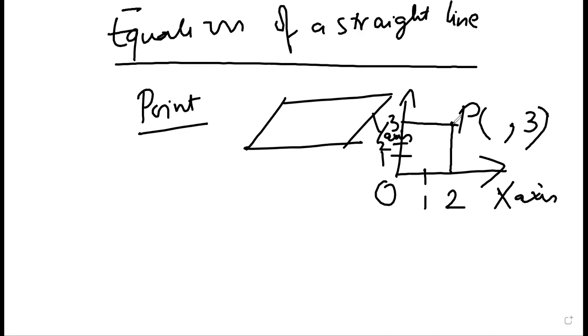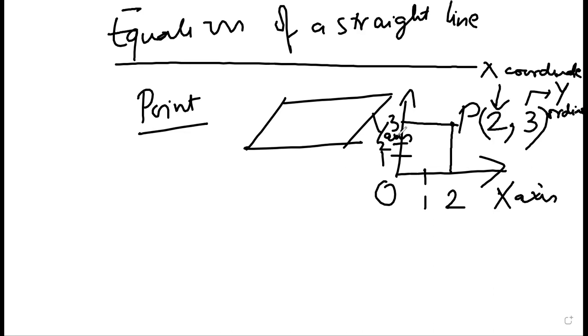And the perpendicular distance of this point P from the y-axis gives us the x coordinate. The x coordinate, or we can say the x ordinate, and the y ordinate give us the way to locate the point.